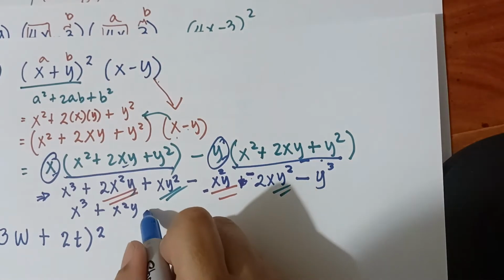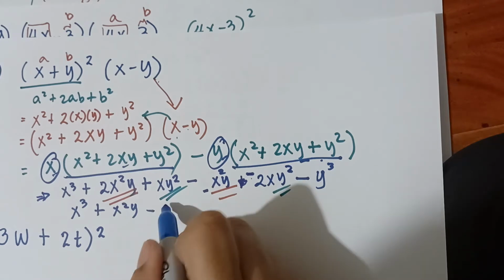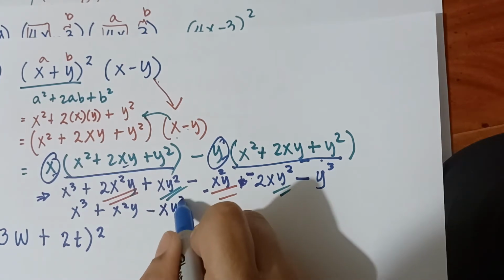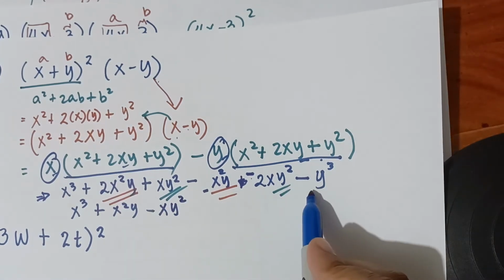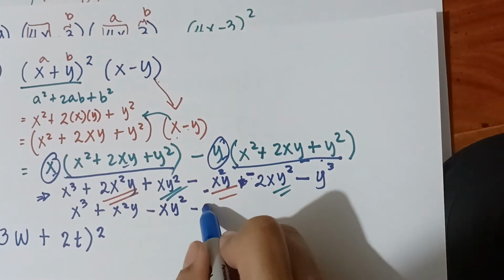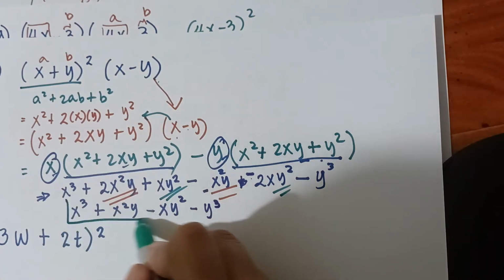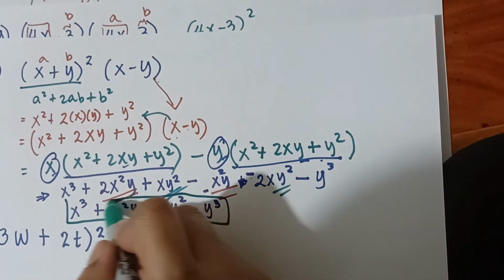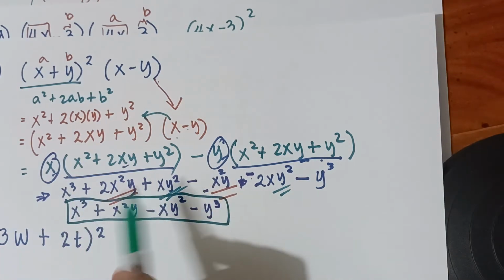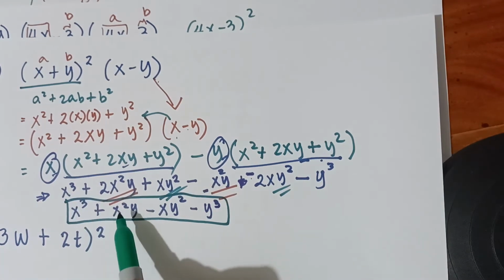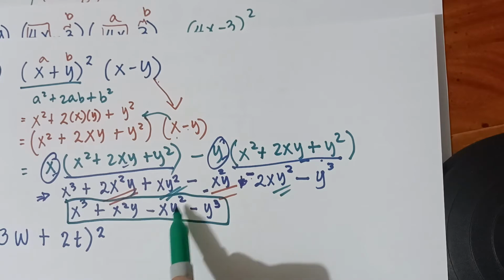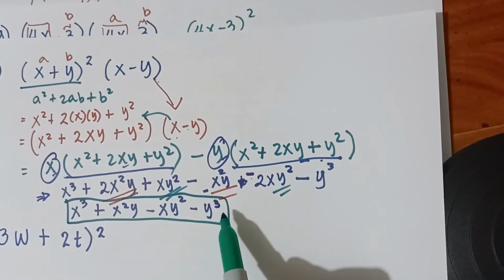So, this will become negative xy squared. And then, just copy the y. So, minus y cubed. And that is our answer. Okay, so the answer is x cubed plus x squared y less xy squared less y cubed.